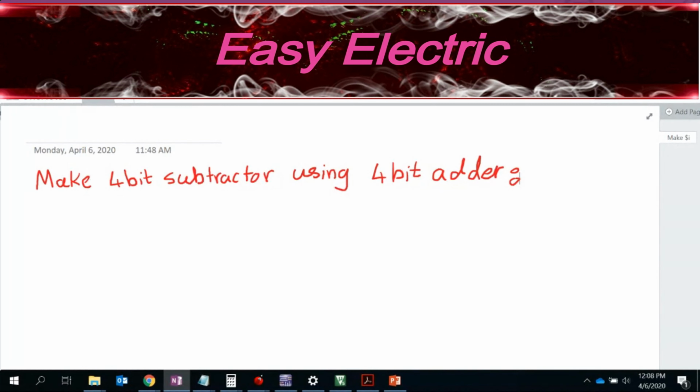For doing that, if you remember from probably the beginning of this semester, we talked about the first complement, right? Whenever you want to do subtraction, you could use the first complement concept.